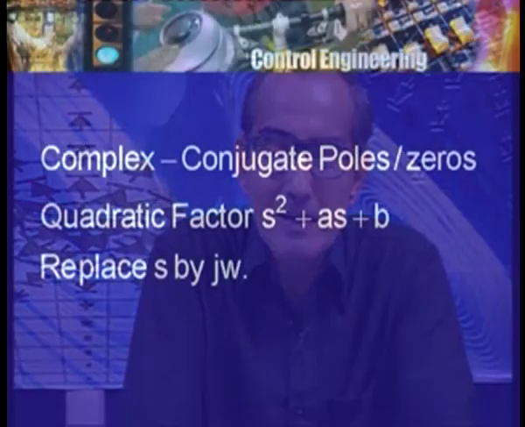For the case of a pair of conjugate complex poles or zeros, thinking about the low frequency or DC end and the high frequency end of the frequency response, the magnitude or the dB gain is not at all difficult, as we saw, because in one case we are looking at a factor like s squared plus as plus b.